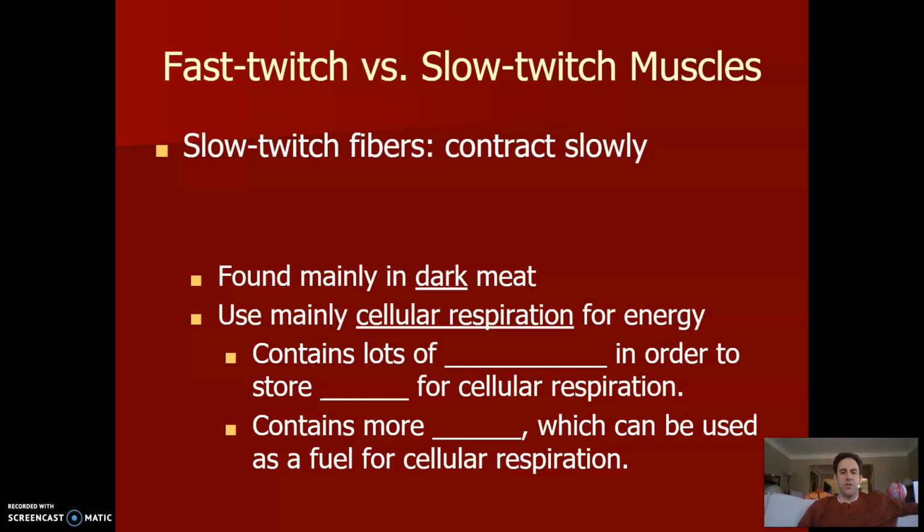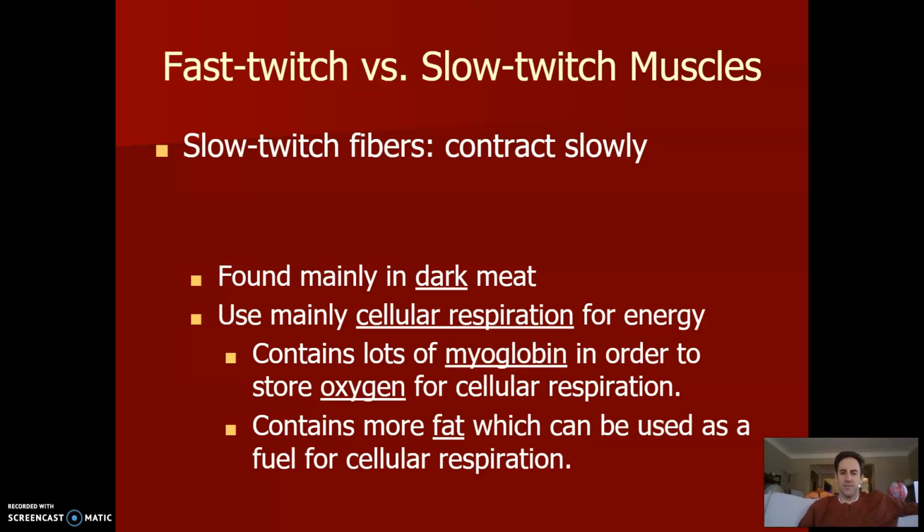And you may recall that cellular respiration requires oxygen to do it. And so these slow twitch fibers need to store oxygen. And there's actually a molecule, I mentioned it a few lectures ago, that stores oxygen in muscle cells. And you may recall it rhymes with hemoglobin, and it's myoglobin.